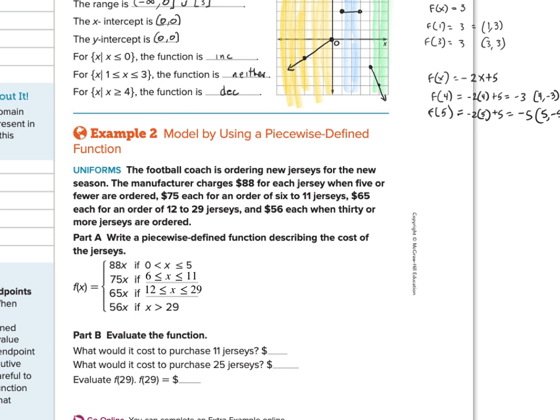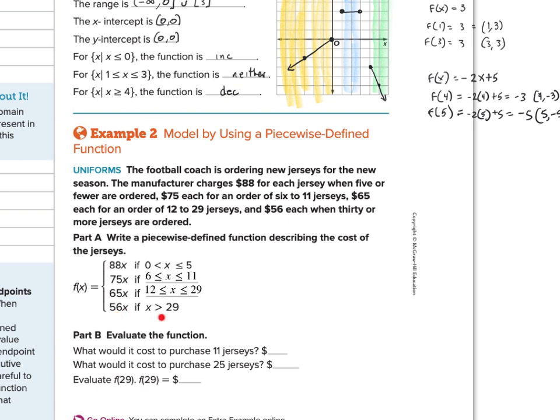A football coach is ordering new jerseys for the new season. The manufacturer charges $88 for each jersey when 5 or fewer are ordered. So the function is $88 per jersey if 5 or fewer are ordered, $75 each for orders of 6 to 11, so $75 times x if I order between 6 and 11 jerseys, $65 each for an order of 12 to 29, and then $56 each for 30 or more jerseys.